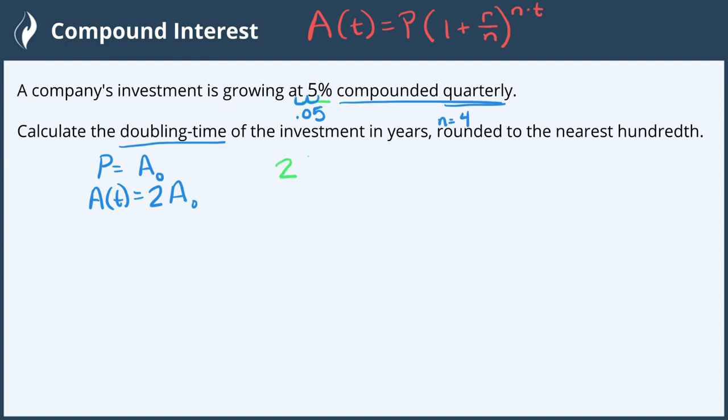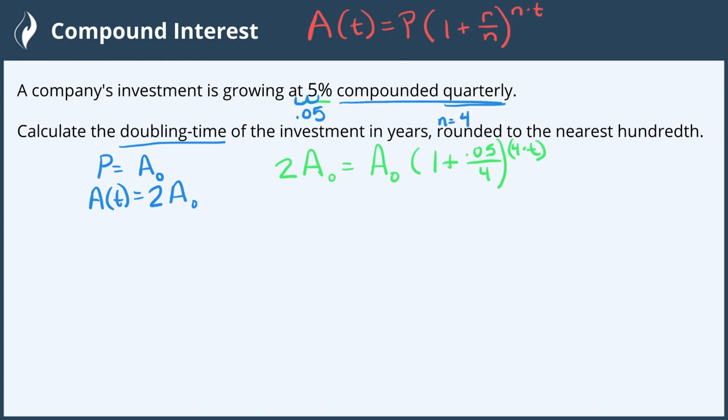We end up with 2 a sub 0 equals the initial amount, a sub 0, times 1 plus the rate changed to a decimal, 0.05, divided by n, which is 4 times a year because it was quarterly, raised to the 4 times per year times the number of years, and that's what we're looking for, so we'll leave it as t.